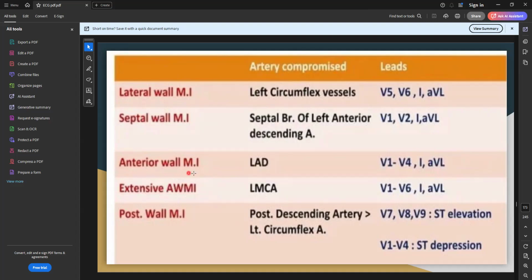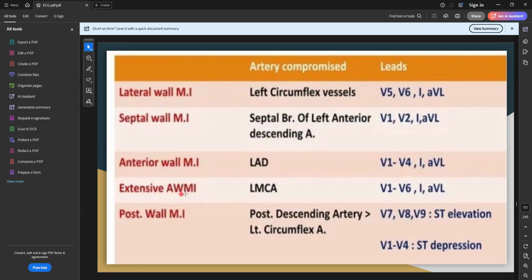Whereas in anterior wall MI, the left anterior descending artery, one of the major coronary arteries, is involved, producing ST elevation in lead 1, AVL and V1 to V4.